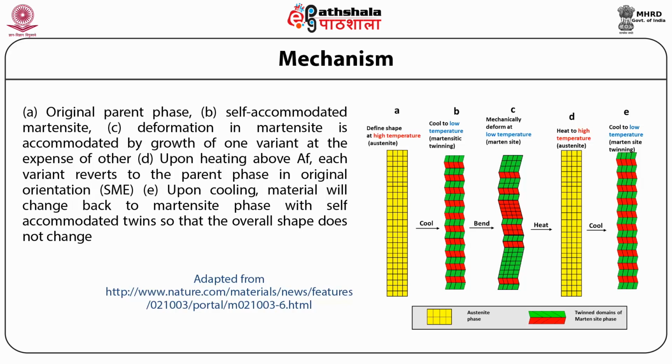This has been shown in figure C. Twin boundaries move so as to accommodate the applied stress. So one can only apply stress large enough to create one single variant of Martensite phase in the rod.